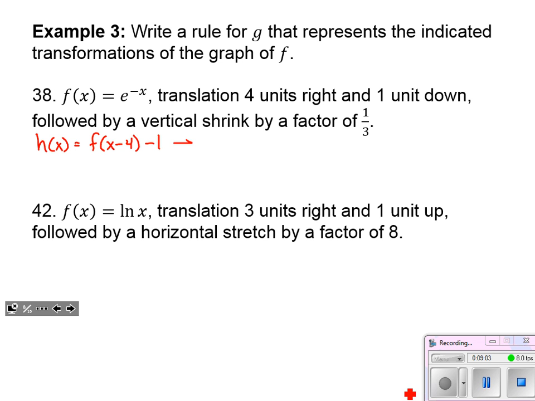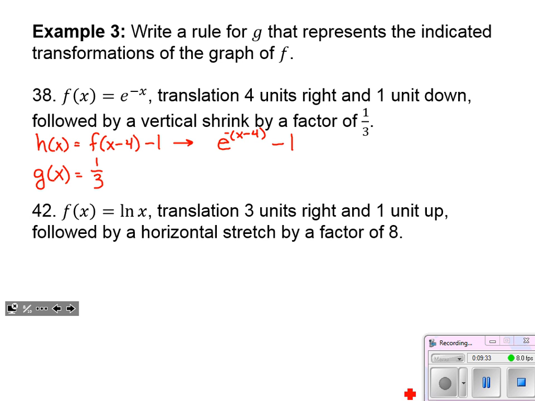So what does that turn into? Well, I start off with e to the -x. So now I've got e to the negative quantity x minus 4. The negative sign stays out front. I'm just swapping out the x with the quantity x minus 4, and then I subtract 1 afterwards. All right, and then I follow that up with a vertical shrink, and that's what leads me to g of x.